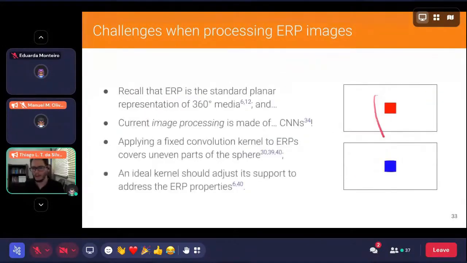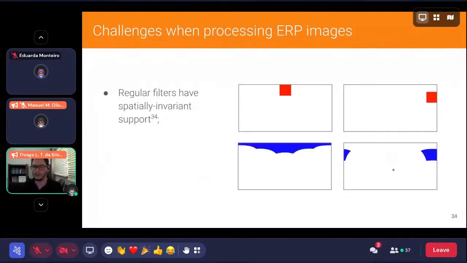Well, we have here a kernel centered on the equator line, so it should not be so affected by the distortions, by the non-uniform sampling. But as we move to the North Pole, for example, we should adjust this kernel in this way. So this kernel is no longer square, nor even close to square.